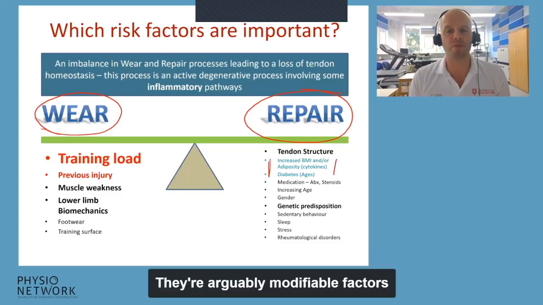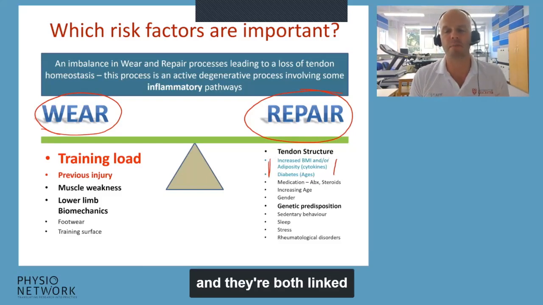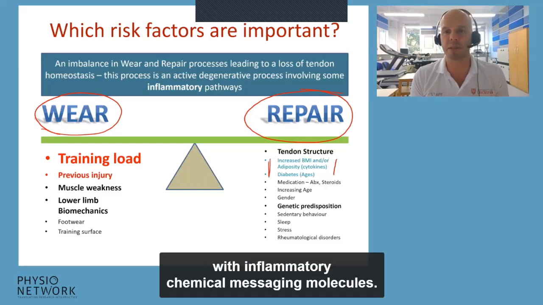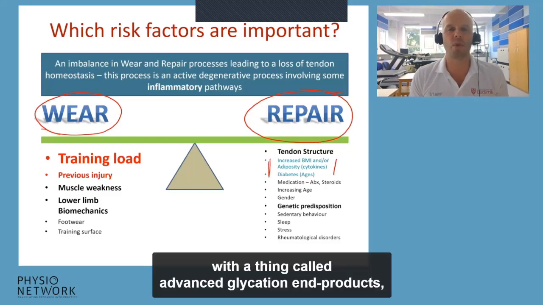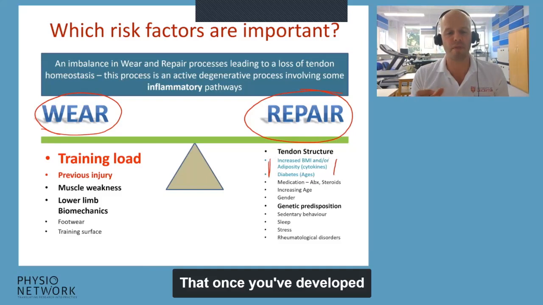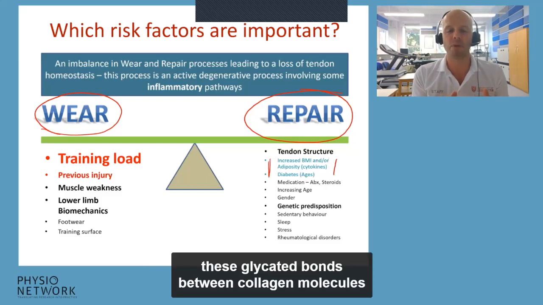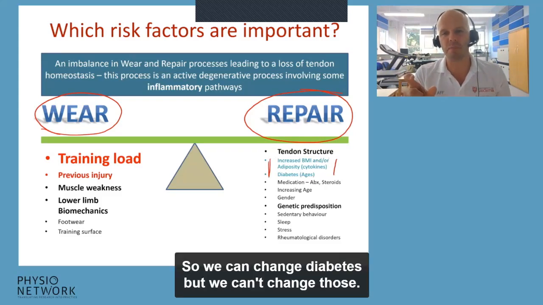They're arguably modifiable factors, but it's very tricky for us to change those factors, and they're both linked with inflammatory chemical messaging molecules. But diabetes is also linked with a thing called advanced glycation end products, and they're thought at this moment in time to be non-modifiable, that once you've developed these glycated bonds between collagen molecules, we can't actually get rid of them. Okay, so we can change diabetes, but we can't change those.